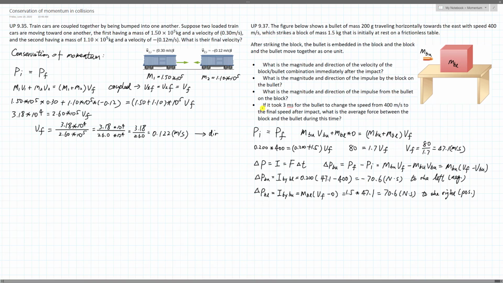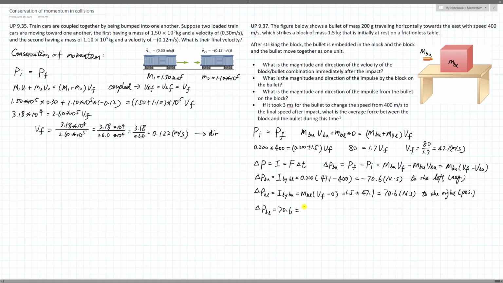Okay, so the last one here: if this exchange took 3 milliseconds, what is the average force between the two? We can use either one of them, say the increase of the block. So that is equal to this quantity of 70.6, and according to the unit, it's Newton times second. If I divide this by the time, the 3 milliseconds, I should get Newtons, the force.